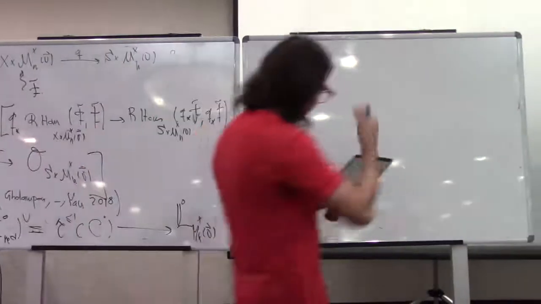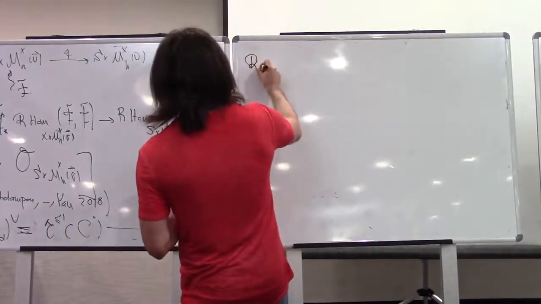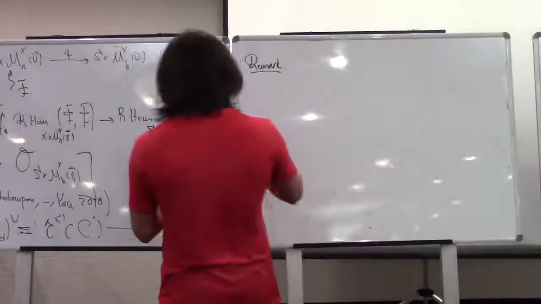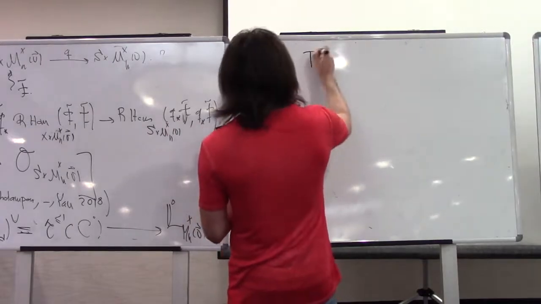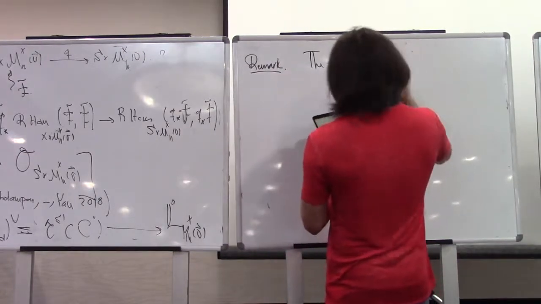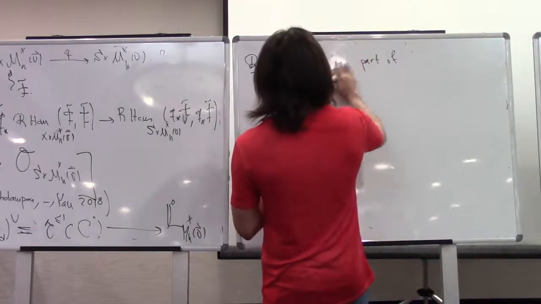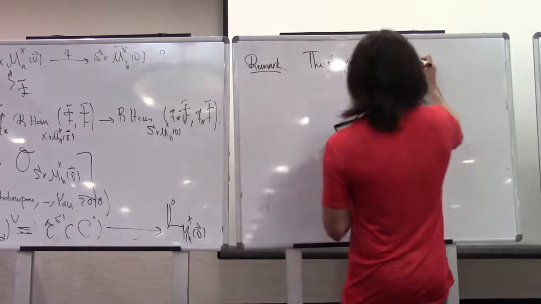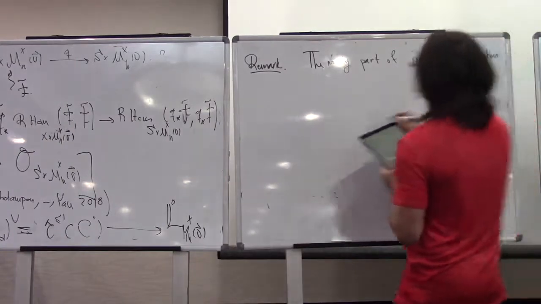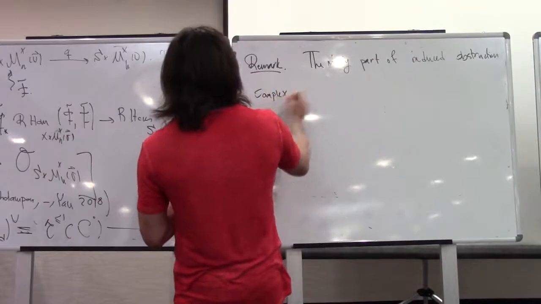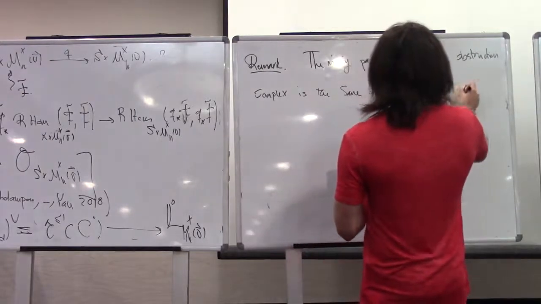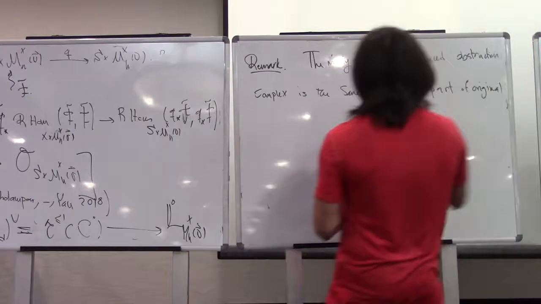Okay, so now one remark is that another benefit of this reduced guy is that the fixed part of reduced, the moving part of reduced obstruction complex is the same as the moving part of the original E dot.